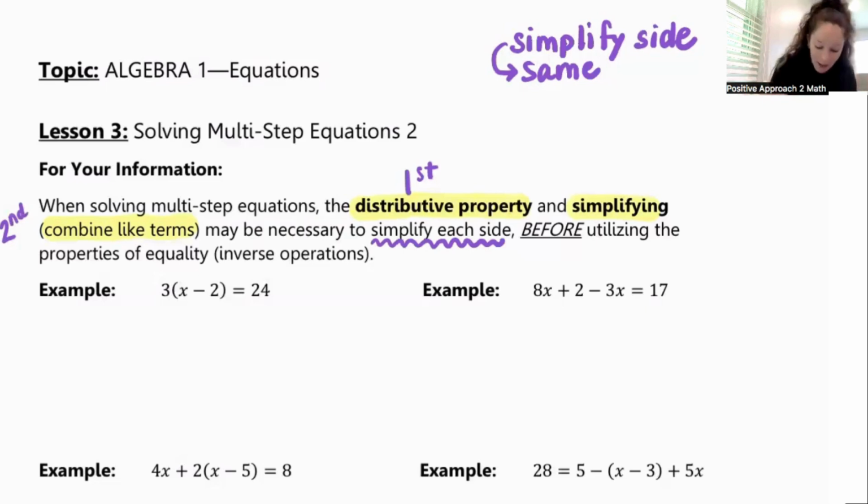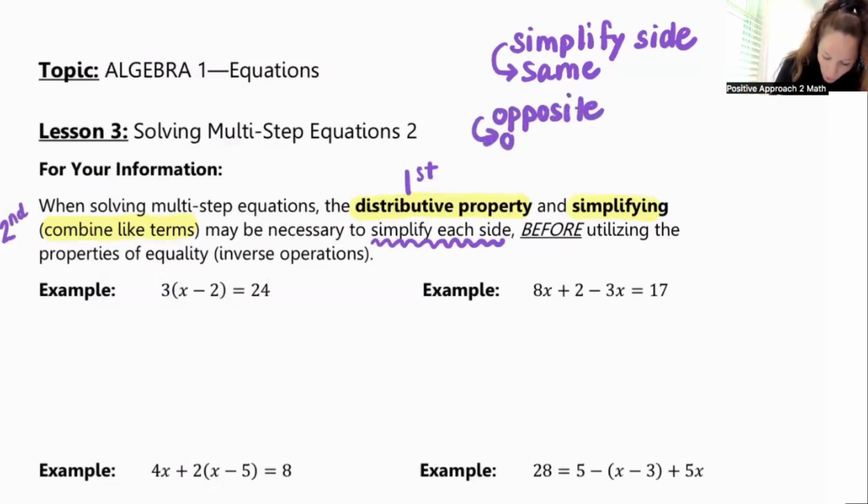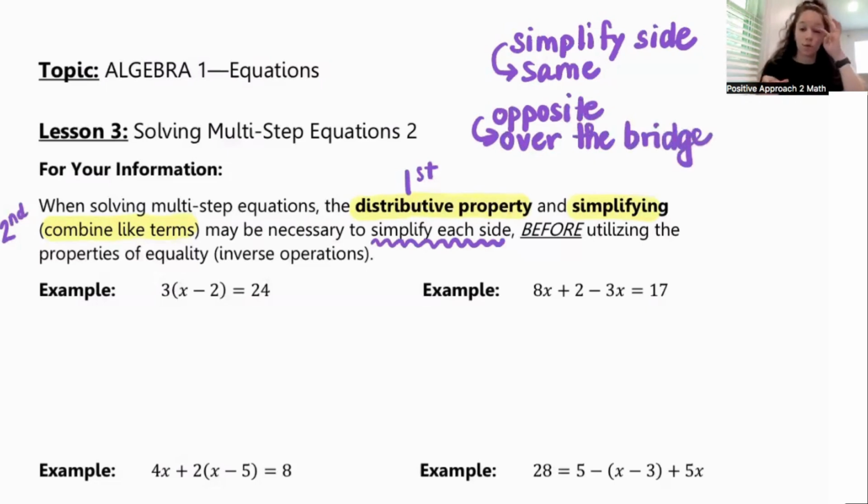The only time you're going to do the opposite operation is when you have to move over the bridge. I'm sorry, my handwriting is not the best when I'm super zoomed in here. The only time I would apply the inverse operation is when I'm working to get the actual variable by itself. When I'm just simplifying one side, I'm not yet striving to get the variable by itself, so I'm not doing the opposite operation.